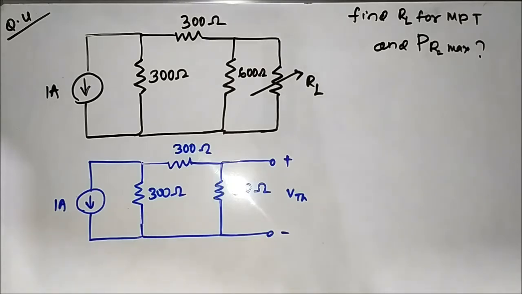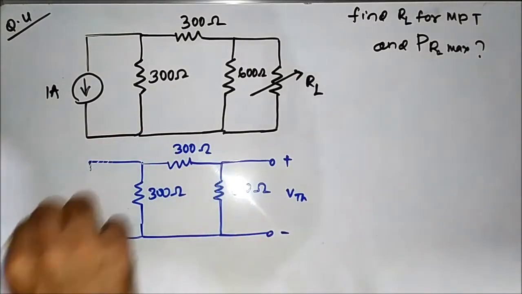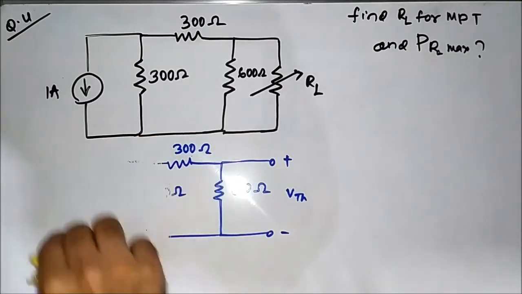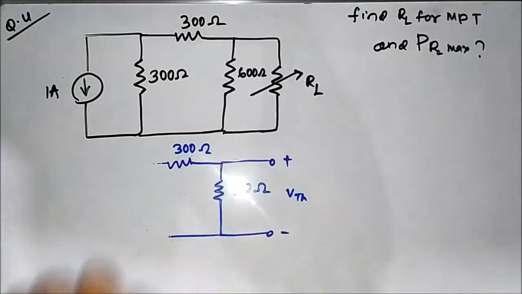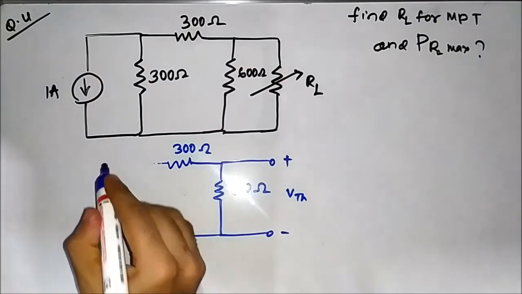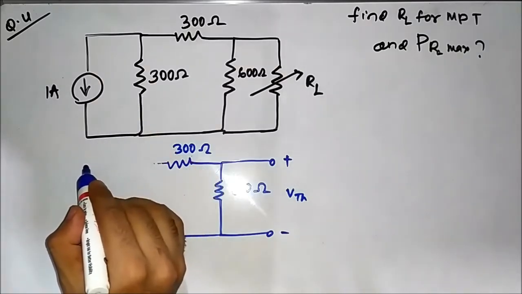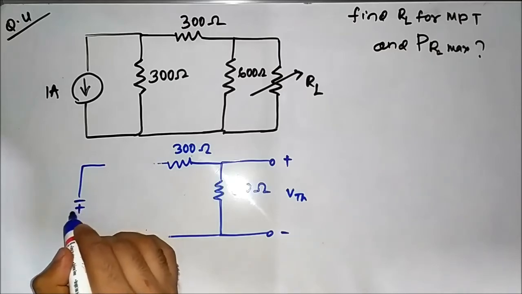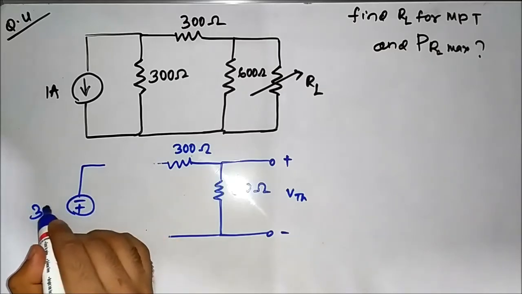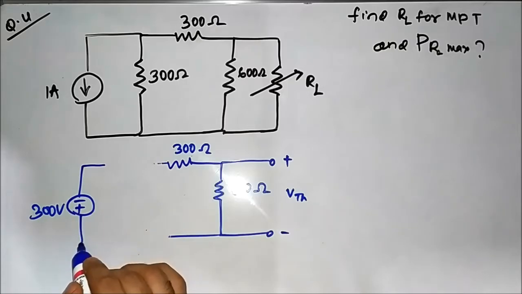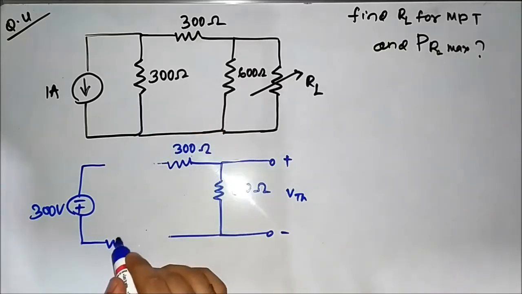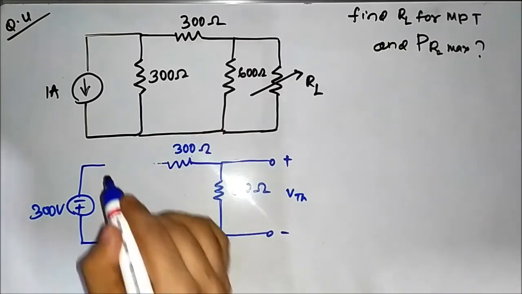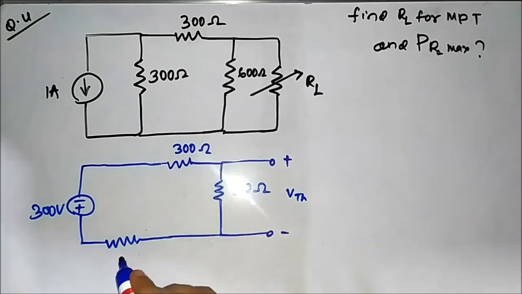Okay, so what we can do is that we'll convert it into 300 into 1 ampere, that is 300 volt voltage source in series with this 300 ohm resistance.